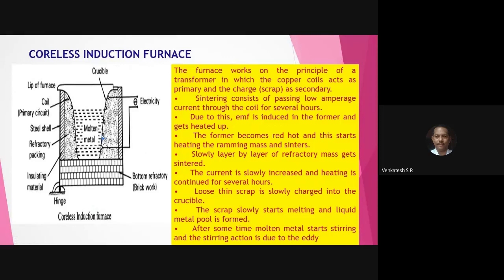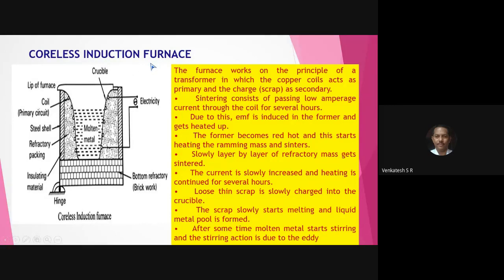Because the process is simple and the cost of electric current is also less, the cost of producing liquid metal using a coreless induction furnace is less.